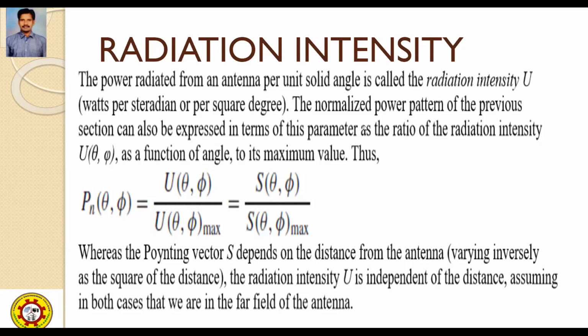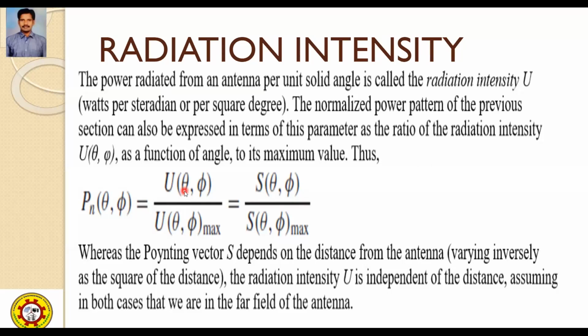Therefore, the normalized power pattern can be expressed in terms of the ratio of radiation intensity, symbol U of theta comma phi, to its maximum. Very good. U of theta comma phi is the radiation intensity.